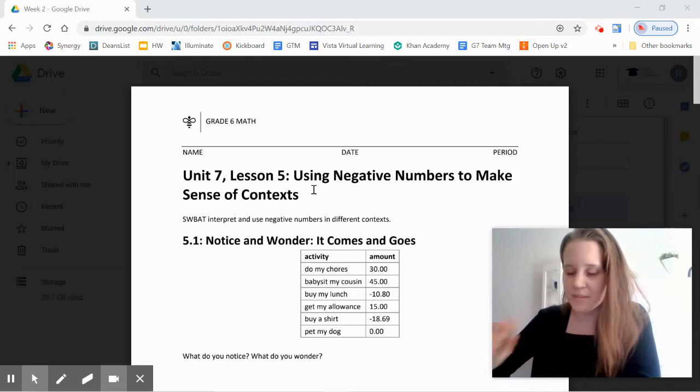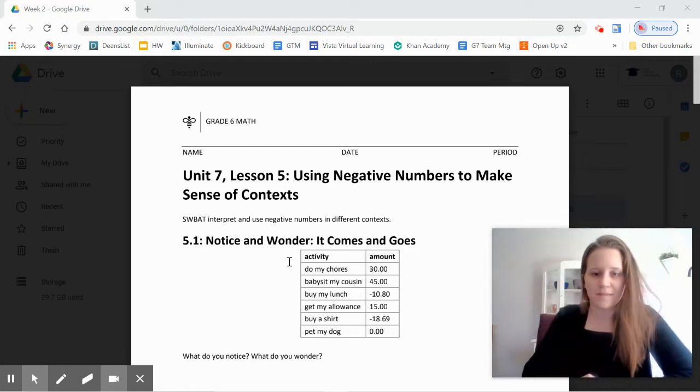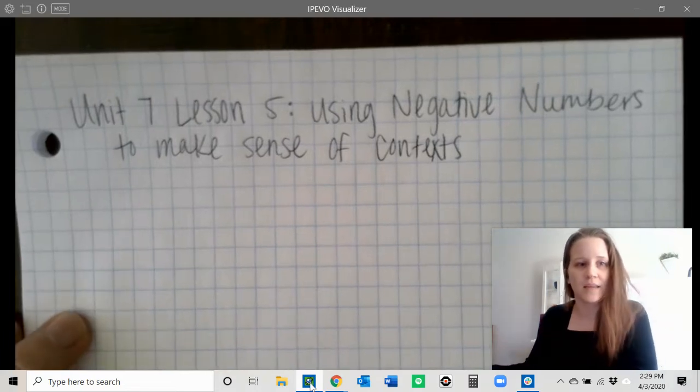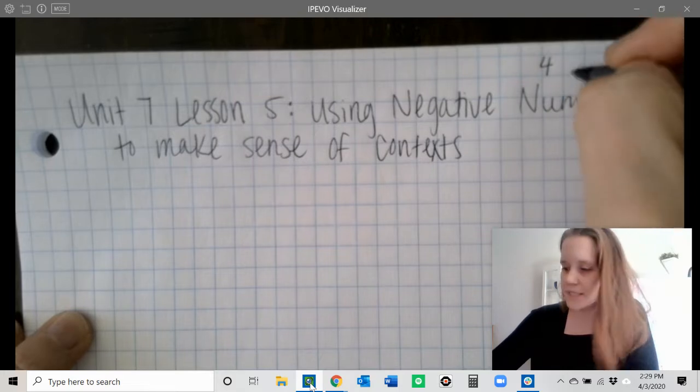Again, that's Unit 7, Lesson 5, using negative numbers to make sense of context. Okay, today's date is April 6th.